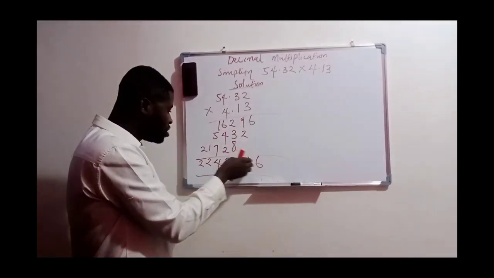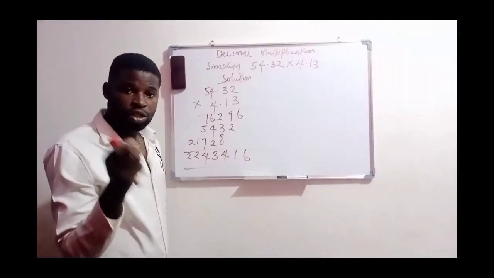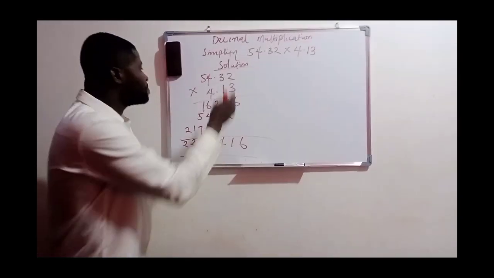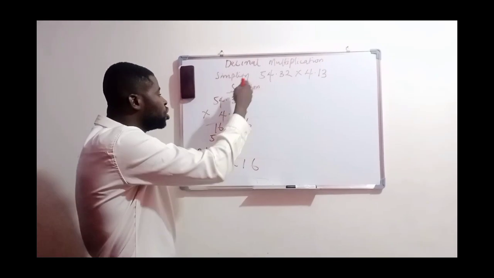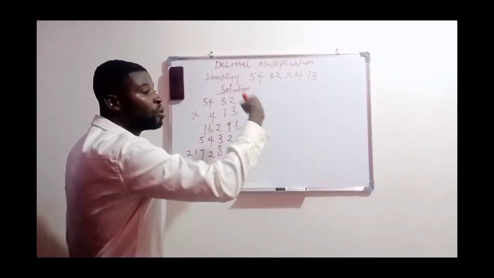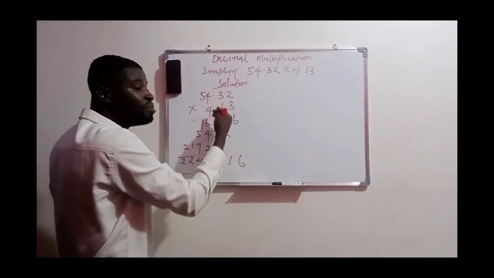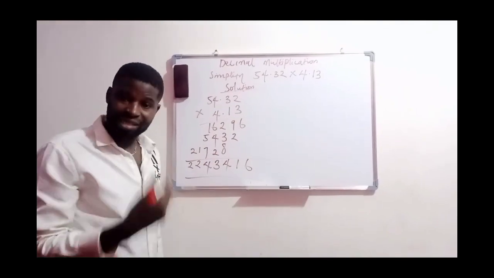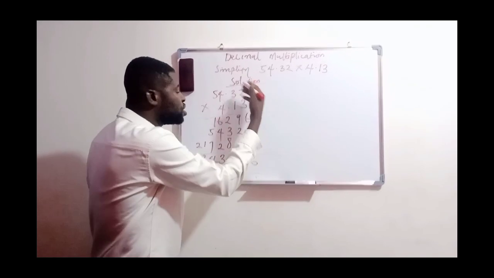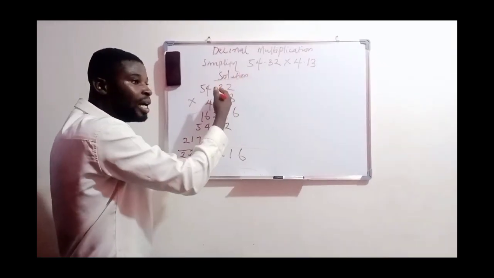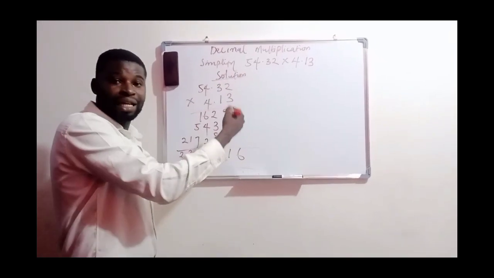Which of the places will the decimal point take? Count the number of digits you will see from your right hand side before the decimal point.